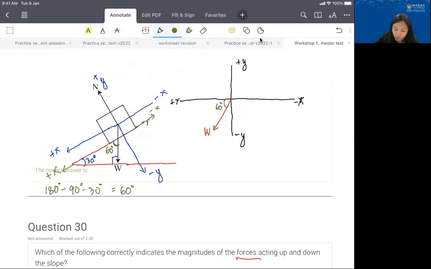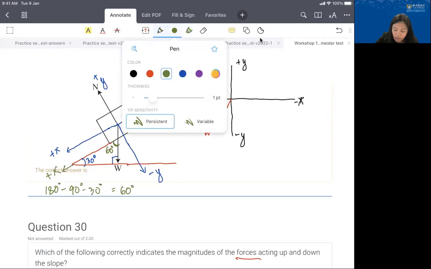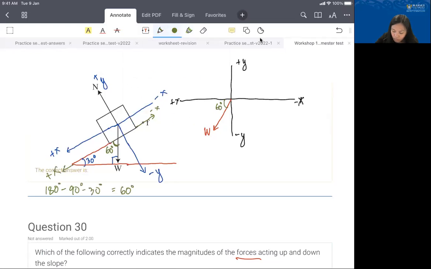And then you have your normal force along the positive y, and your frictional force along the negative x. So that's your free body diagram in the rotated axis.